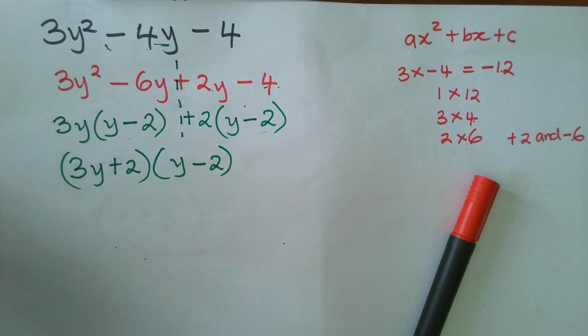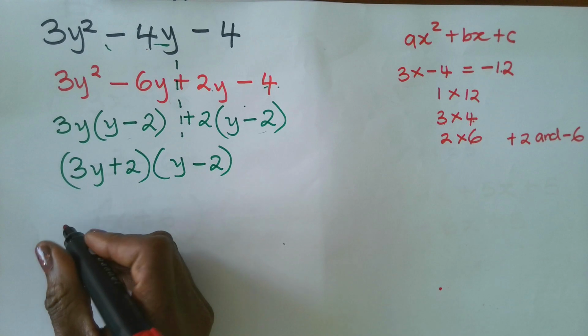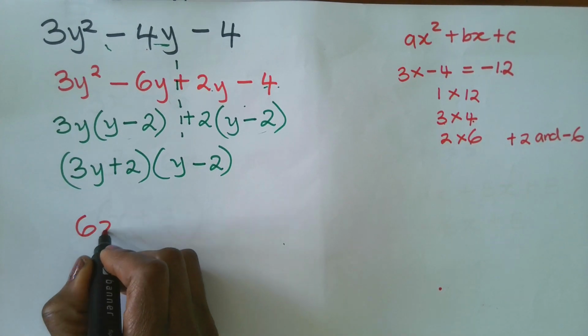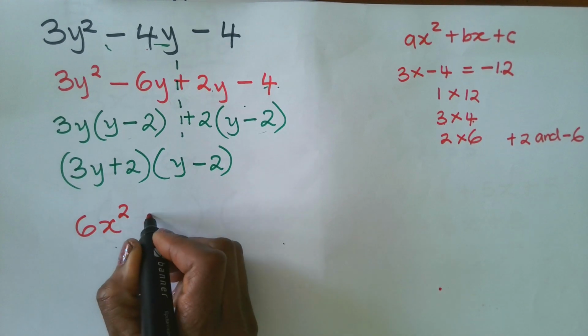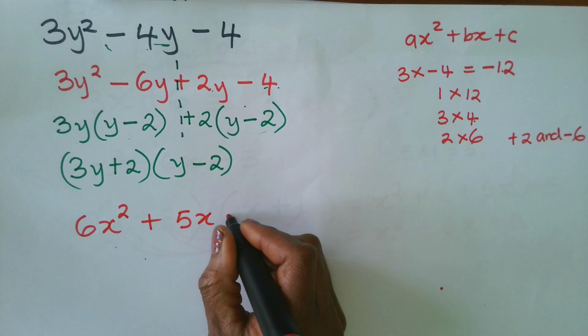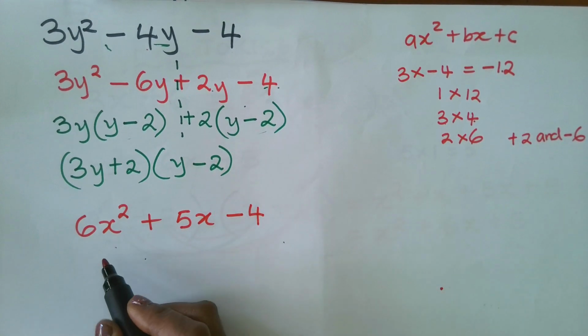Now we're going to do another one, which is 6x squared plus 5x minus 4.